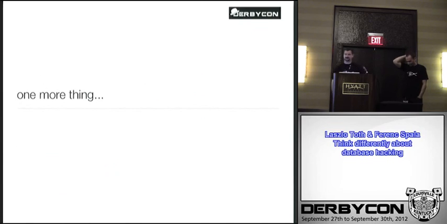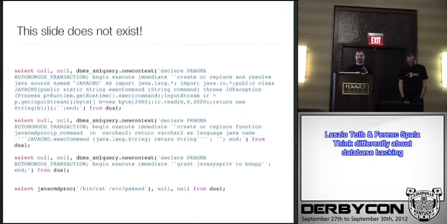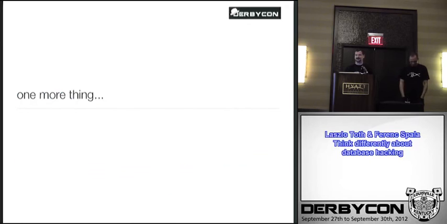But one more thing. We know that our presentation wasn't sexy because it doesn't have any supercharged SQL injection in it. This slide does not exist. Anyway, this is just how you can run operating system level commands through simple selects in Oracle.